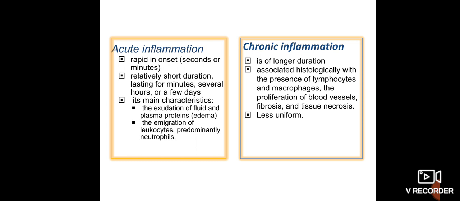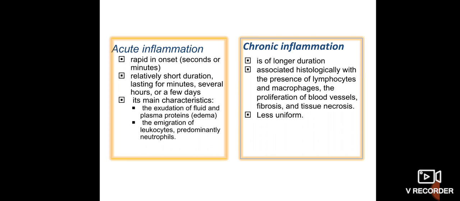They are divided into two groups, that is acute inflammation and chronic inflammation. Okay, just have a look at that. Acute inflammation has a rapid onset, within seconds, and chronic inflammation persists for a longer duration.